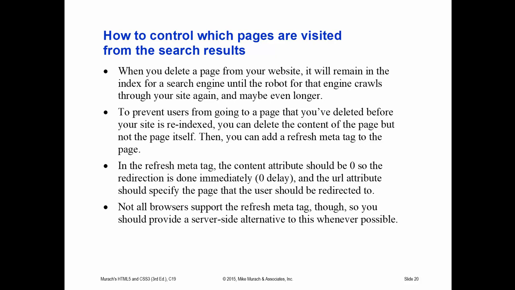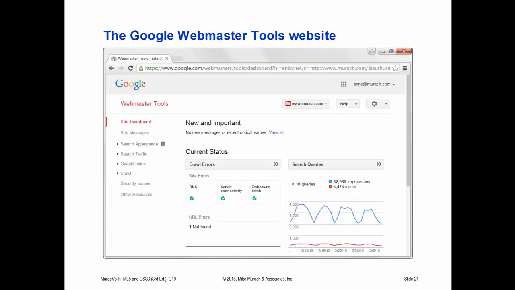Then you can add a refresh meta tag to the page. In that tag, the content attribute should be 0 so that the redirection is done immediately, so you can move them to another page. Not all browsers support this though, so you should check it out and make sure it does.